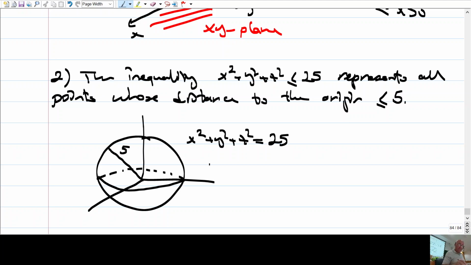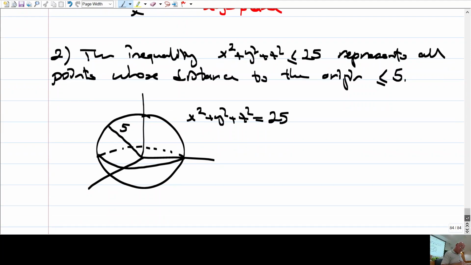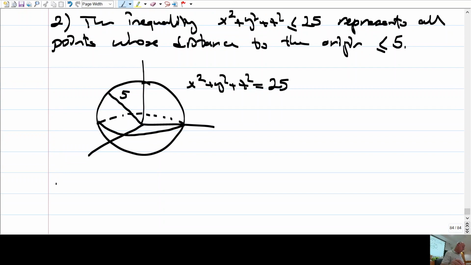Okay, so this inequality is the set of all points inside the sphere and of course the points on the sphere. Okay.